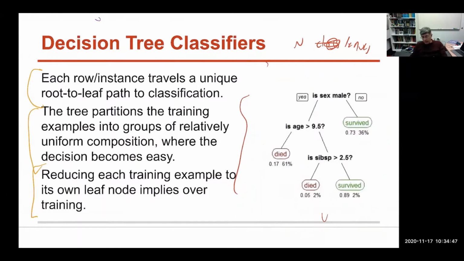And then let's say you wanted to compute how old they were, how long they were likely to live. You could build a separate regression model on the examples of each of the leaves.